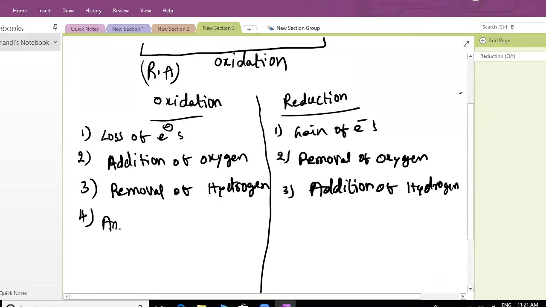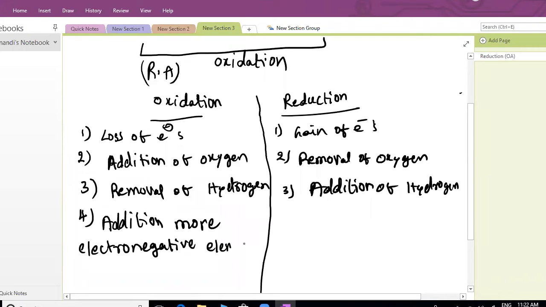Addition of more electronegative element, like, for example, fluorine, oxygen. If you're adding these elements, it will gain electrons. If they can gain electrons, then opposite, automatically they can lose electrons.